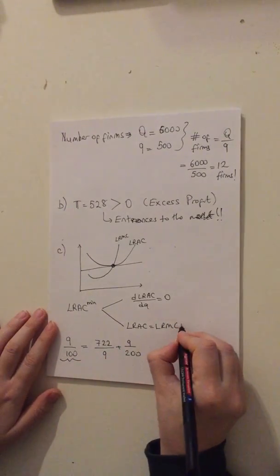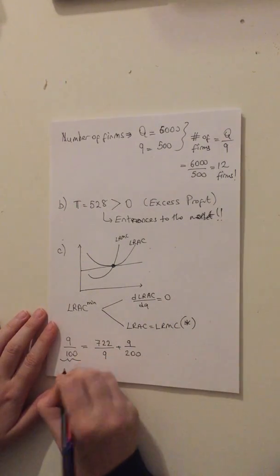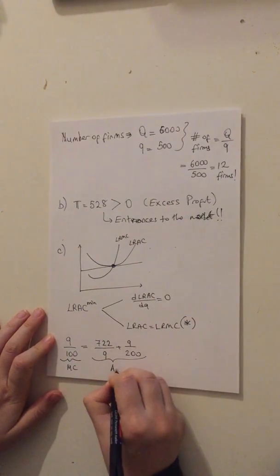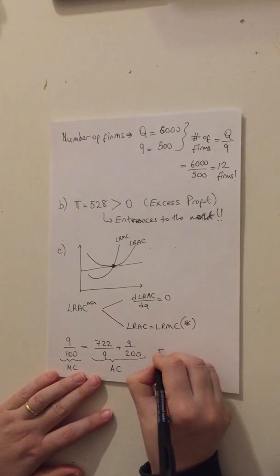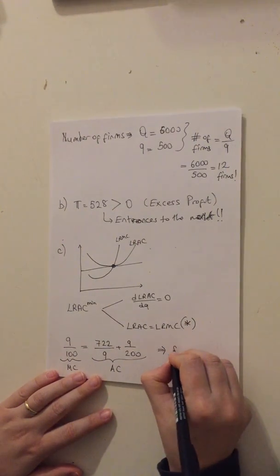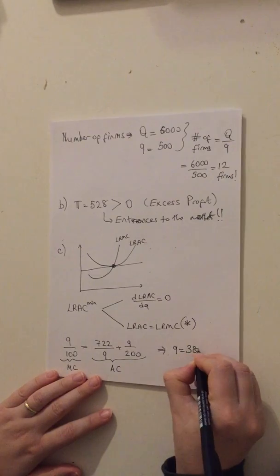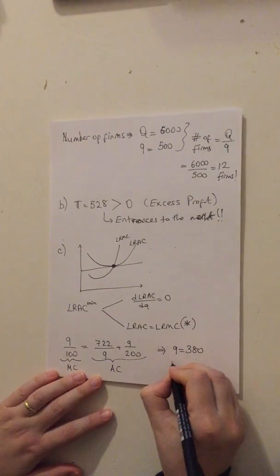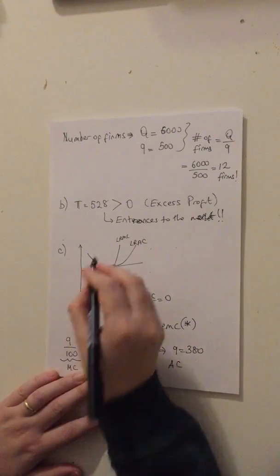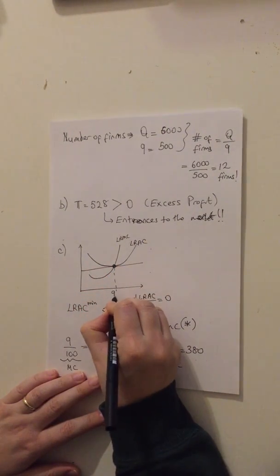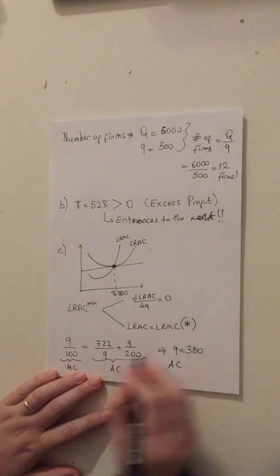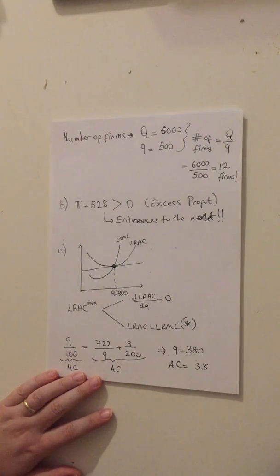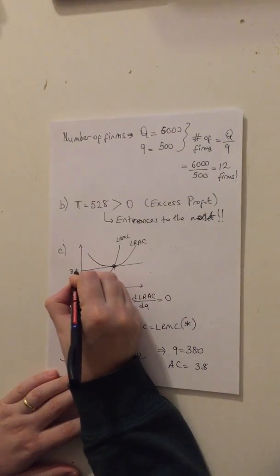So we are using the second one. Q over 100 is our marginal cost, and that is the average cost. So from here you can get Q equal to 380, and the average cost at that point is 3.8.